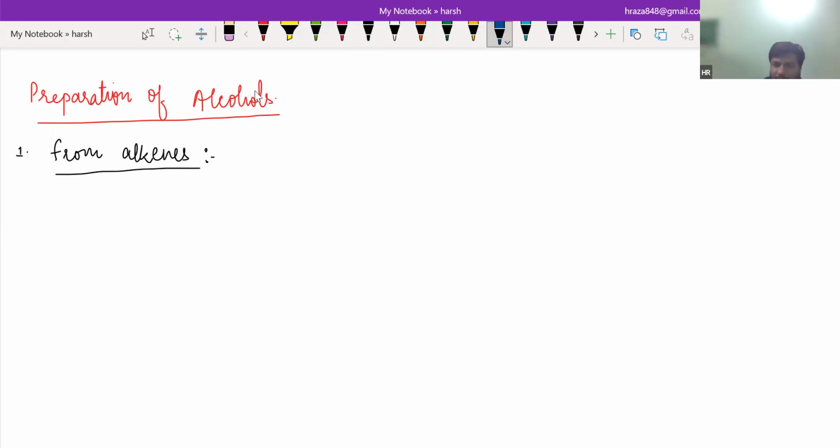It's very easy to understand, and the main important point is that you need to understand the mechanism also. Mechanism of the reaction. Okay, so here, from alkenes, there is a subtopic that is by acid catalyzed hydration.